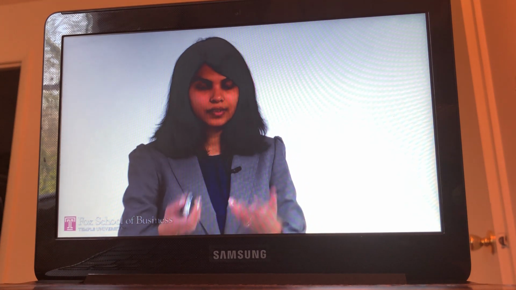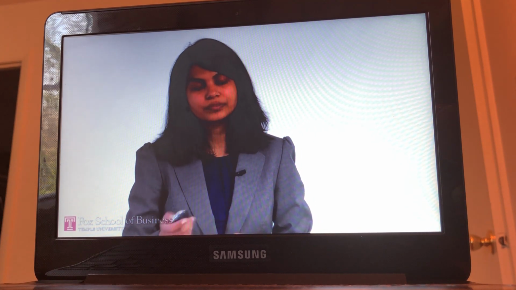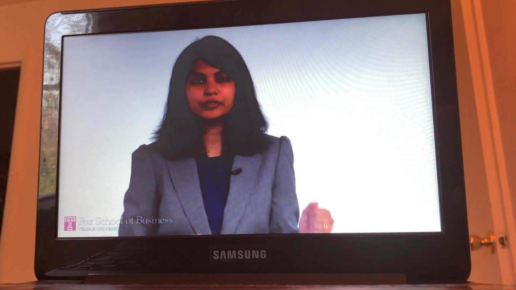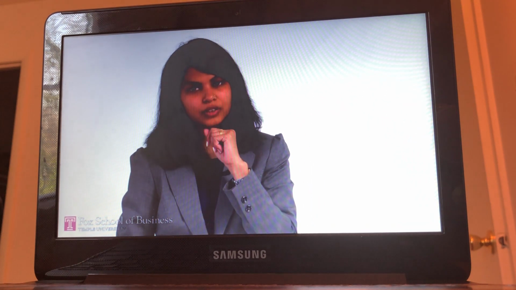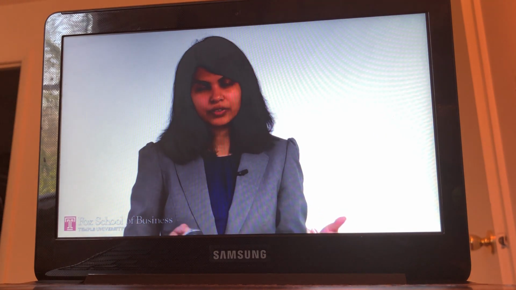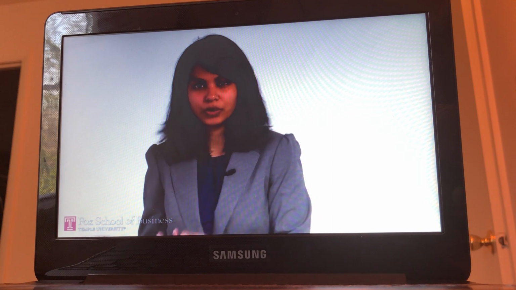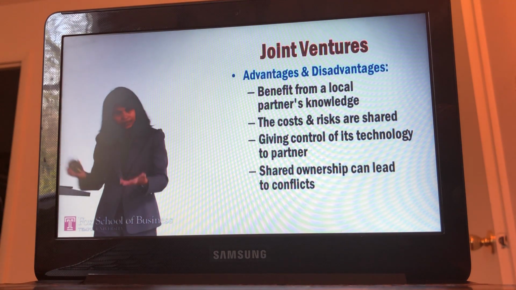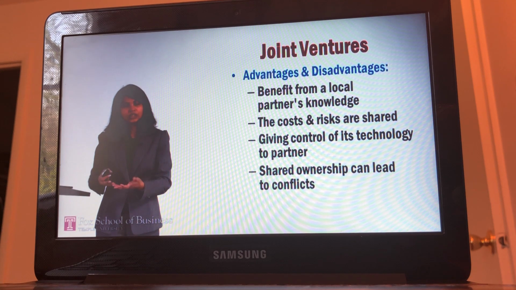And here again, there are advantages. Why would a firm want to form a joint venture with another firm, especially a local firm in that market? If you're going to a very different market, it really makes sense to form a joint venture with a local firm, especially because this local firm has local market knowledge, how to operate there.